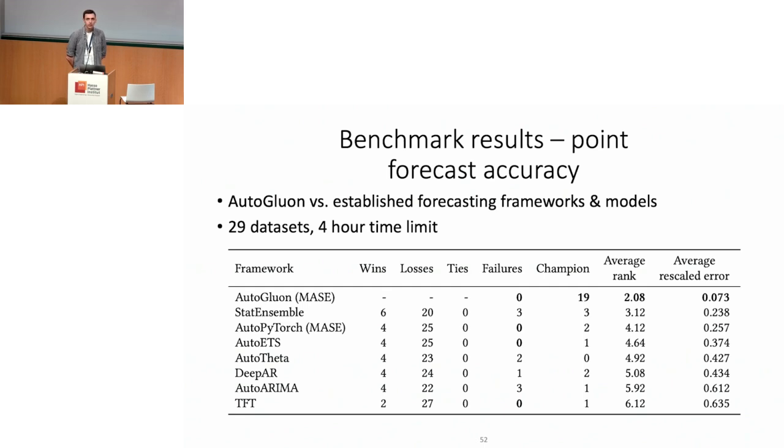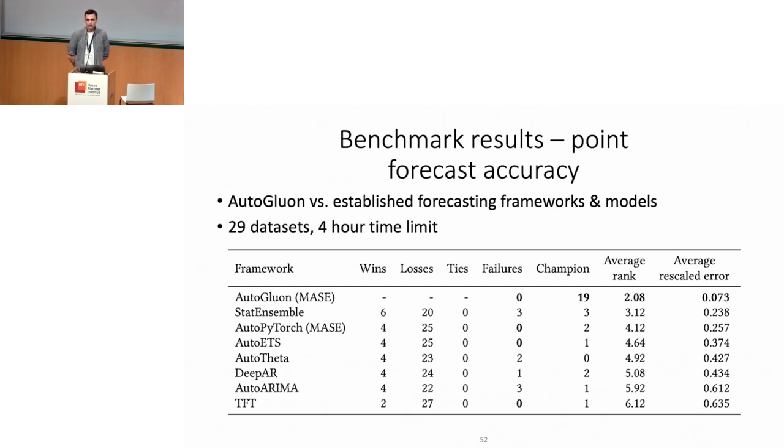So the first thing that I want to look at is our benchmarking results here for point forecast, where we compared AutoGluon time series with lots of different established frameworks that include both simple statistical models like ETS or ARIMA that we've seen so far, also some deep learning models that are extremely popular in the industry, such as DeepAR or Temporal Fusion Transformer, and even one AutoML framework called AutoPyTorch that also can do time series forecasting.